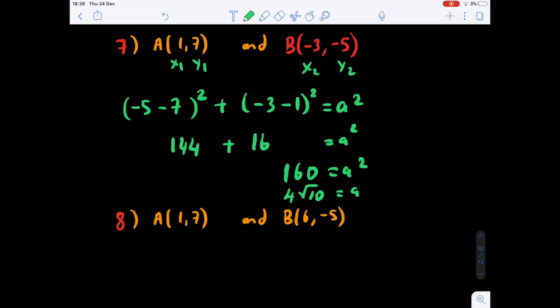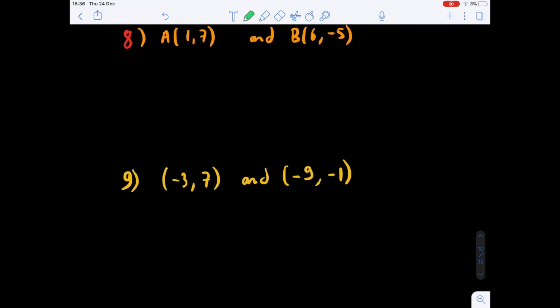Okay, question 8 right now. We have point A and B. I'm naming x1 and y1, here x2 and y2. So I'm finding the difference between the y coordinates: negative 5 minus 7, squared, plus 6 minus 1, squared, equals.